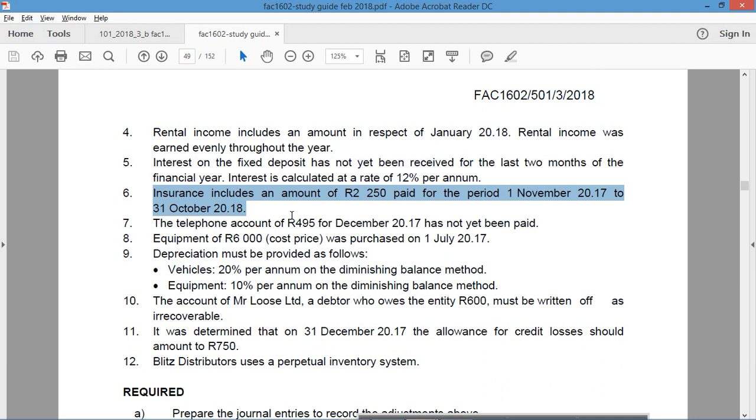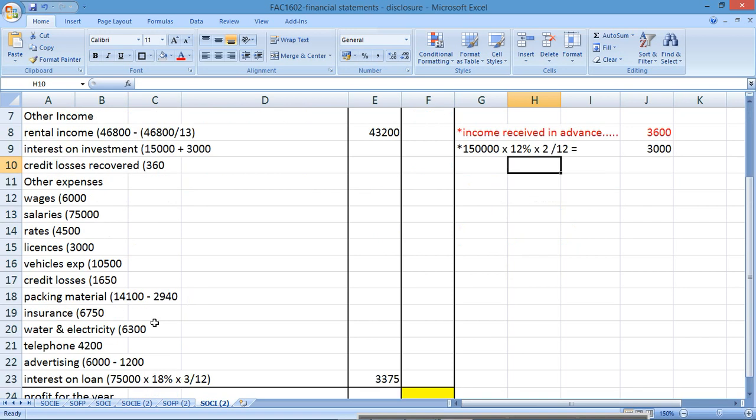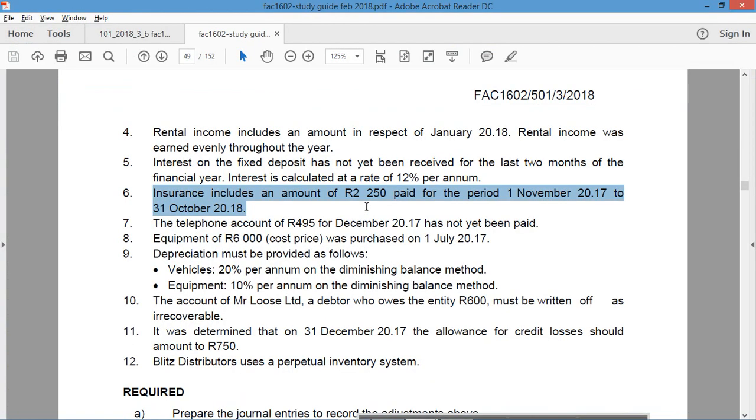Prepaid expense would be the debit, and what would the credit be? It won't be bank, there's no cash. Won't it be insurance? Yes, because it's an expense that's decreasing. How much? We need to work it out. Let me ask you to work it out first.